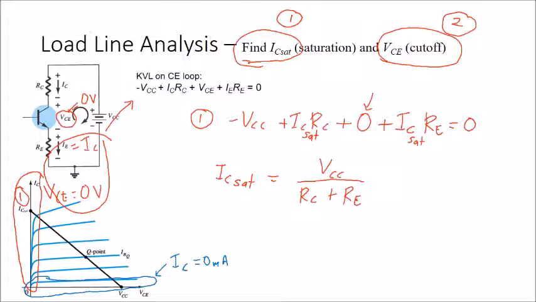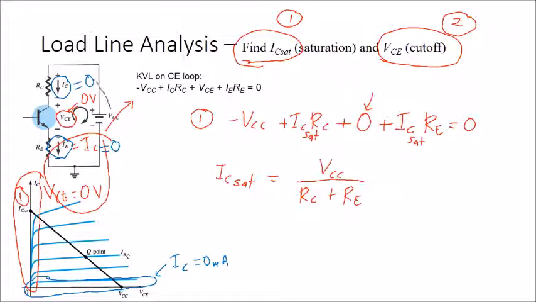Let me explain about the circuit. When the value of IC equals 0, what happened to your IE? IE is equal to IC, so it will be equal to 0 because there is no input current, and then there should be no output current. So that's why IC equals 0 and IE also equals 0.